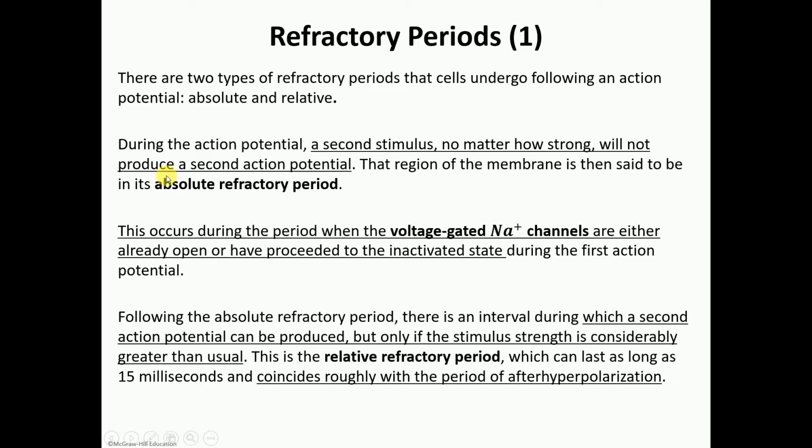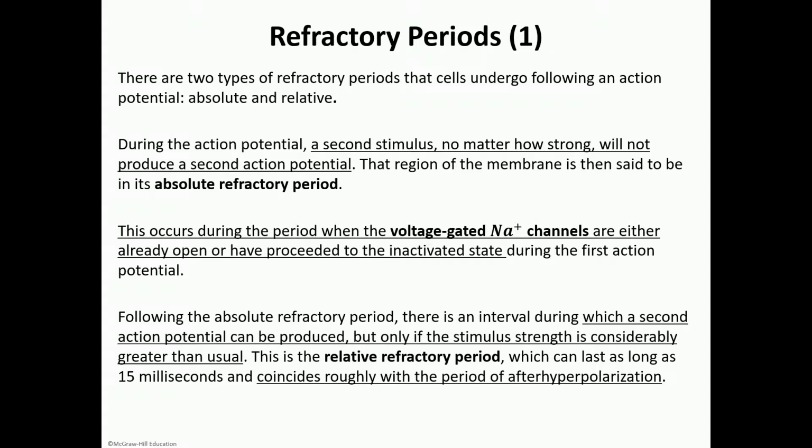We should know at this point that in order for an action potential to happen, we have to open up voltage-gated sodium channels. If the voltage-gated sodium channels are already open or are deactivated, then the nerve has no ability to respond to that stronger stimulus.